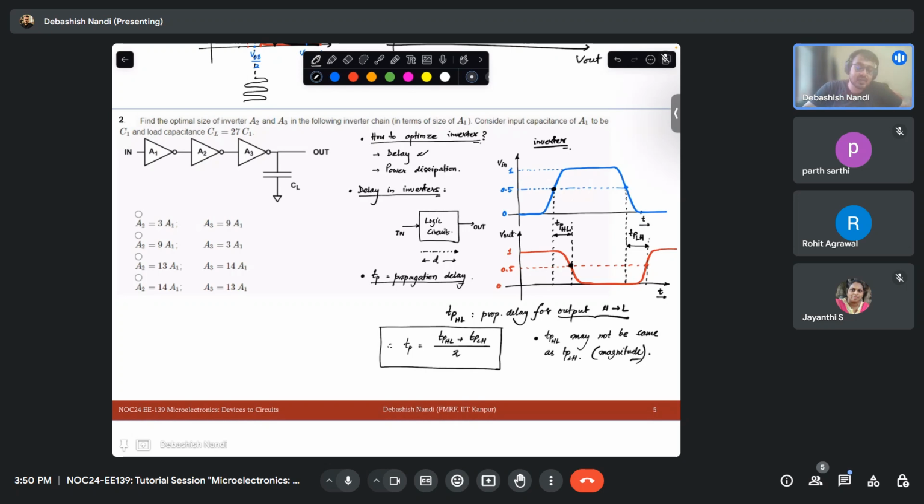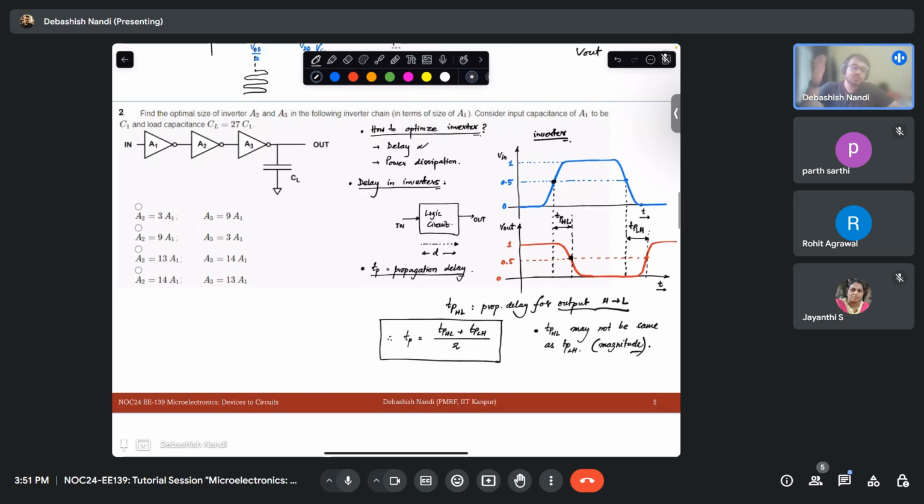You can even construct a circuit where TPHL or TPLH is negative. That is possible. However, the average will always be positive, because if one is negative, the other will be so much higher that it drives the average back to a positive value. TP is always positive, because otherwise it would create a non-causal system. That is not physical. You don't have to remember that, it is just a fun fact.